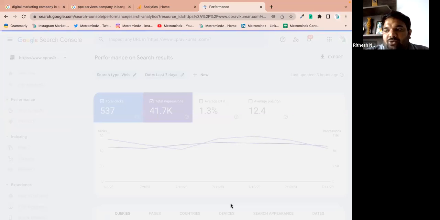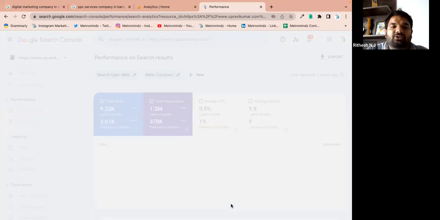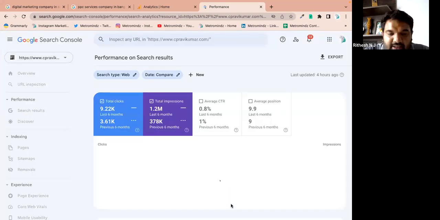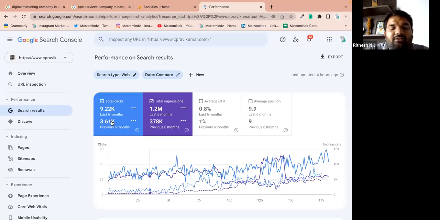The previous 6 months, maybe from late 2022 after July, the total clicks were around 3.61K, that is 3,600 people who clicked on the website because we were on the first page. And the total impressions were more than 3,78,000, close to 4 lakh in 6 months.